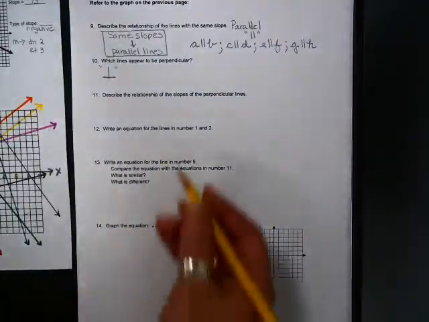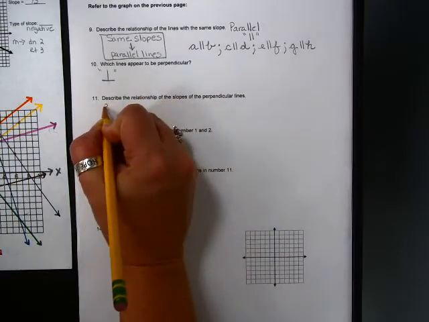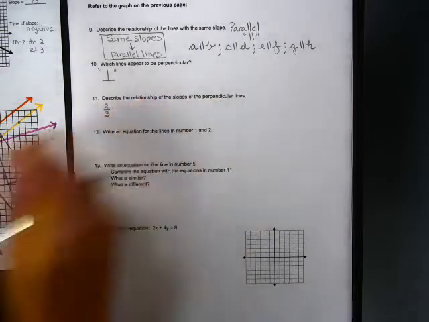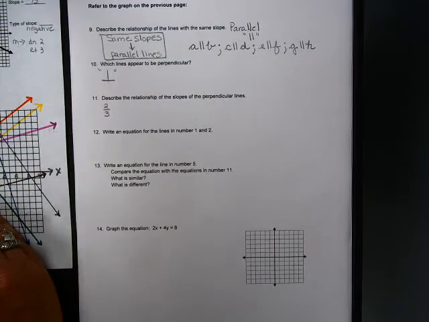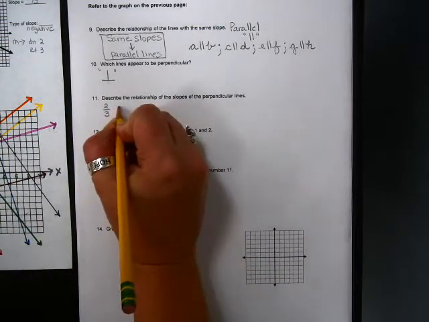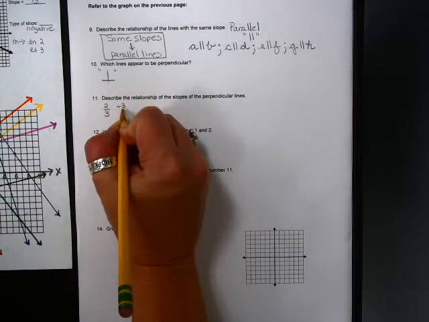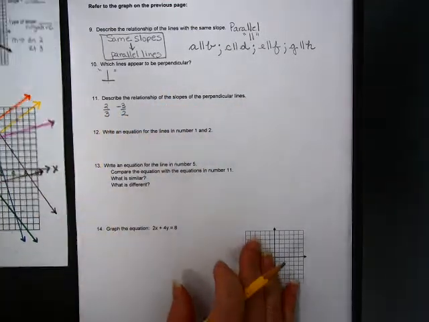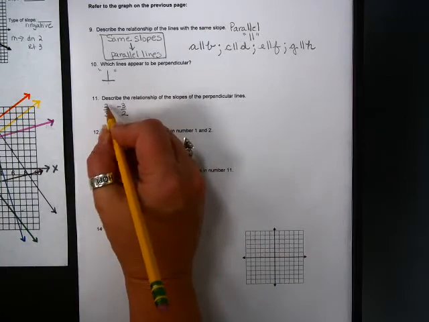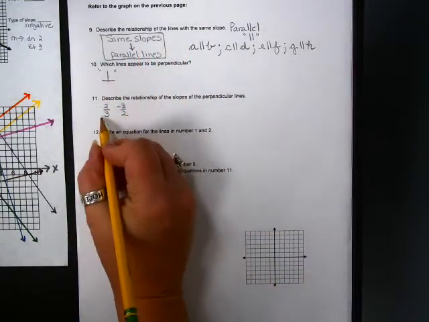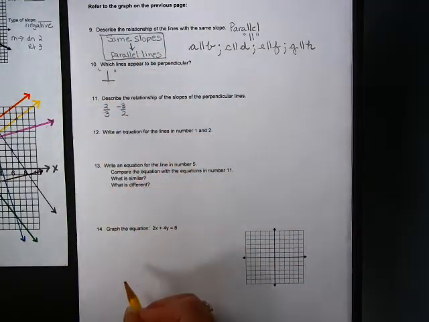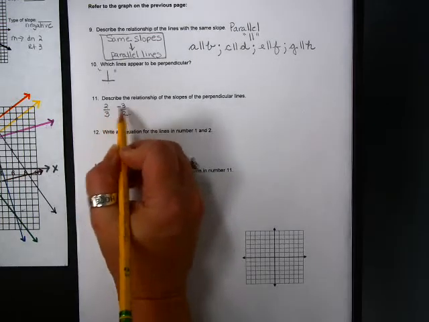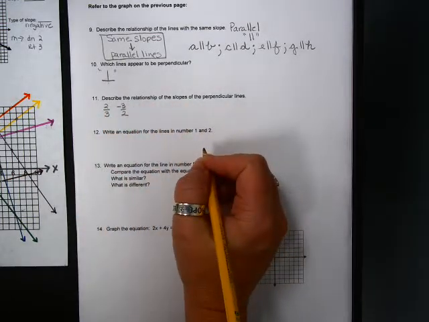The orange one, the slope of it is 2/3. And the green one, line E, that one is -3/2. So take a look at the two different slopes. Notice how one is flipped, one is positive, and one is negative. When you have a number that's flipped around, we call that a reciprocal.